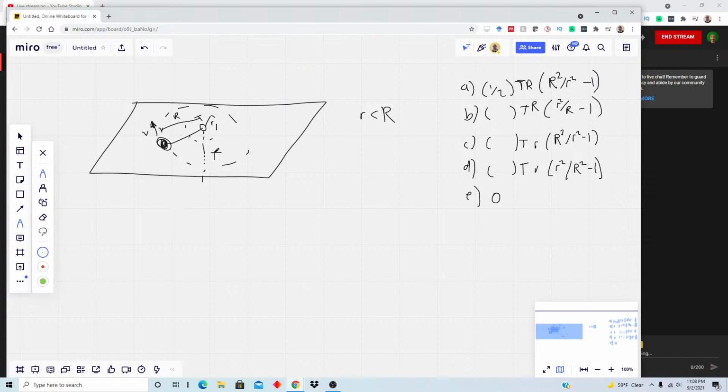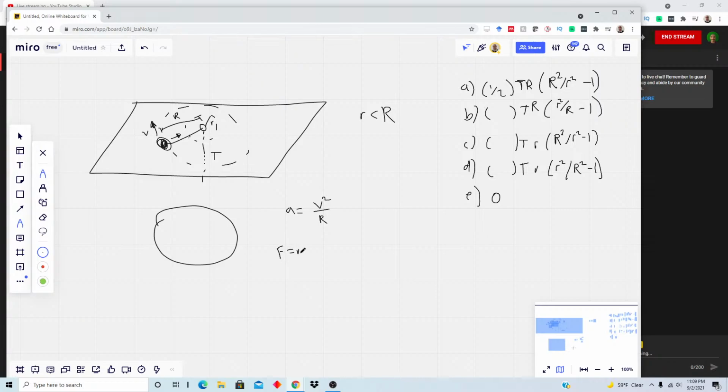And so when you have a tension on this string, that means you put a force inward. And so you basically have something that's rotating on a circle. And as we mentioned before, the acceleration is equal to v squared over r of this system.